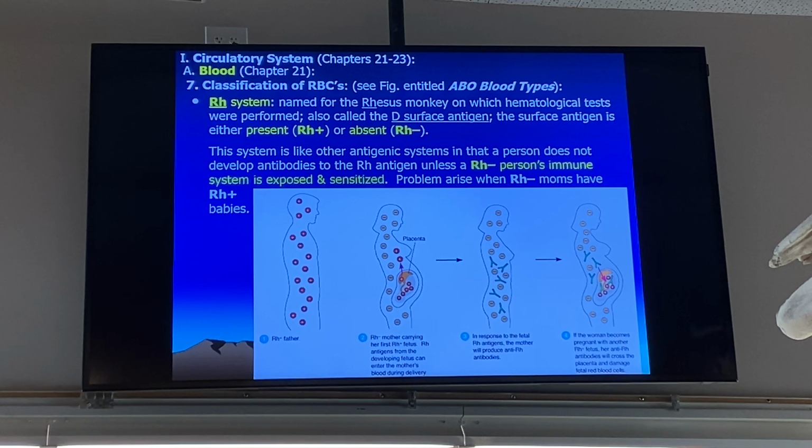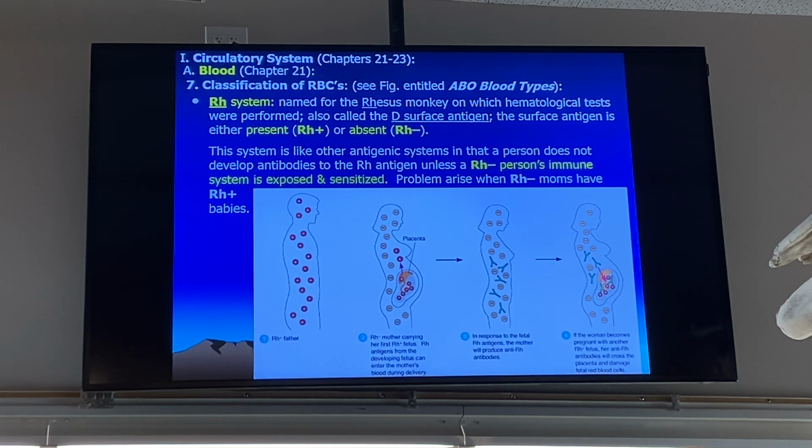Now the few Rh positive blood cells that can cross over the placenta, rarely, but it does, are like the sneeze across the room. And the mom is going to generate a secondary immune response, rapid and intense, with huge amounts of anti-D that can now, as this figure is showing, cross the placenta and agglutinate fetal blood in utero. That is erythroblastosis fetalis.